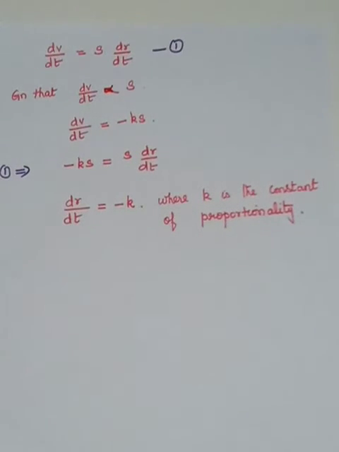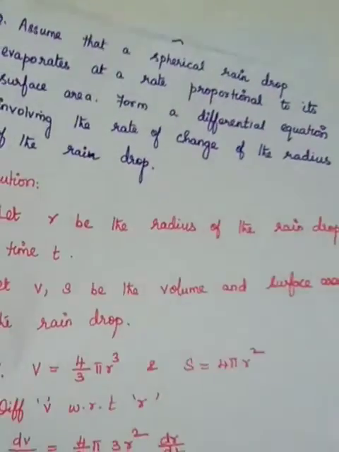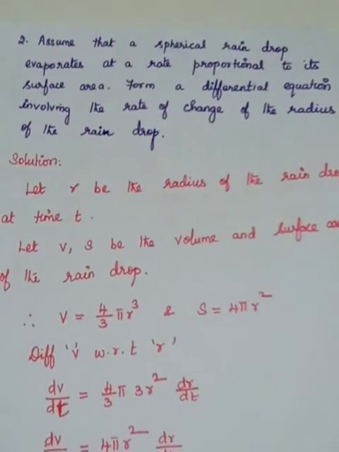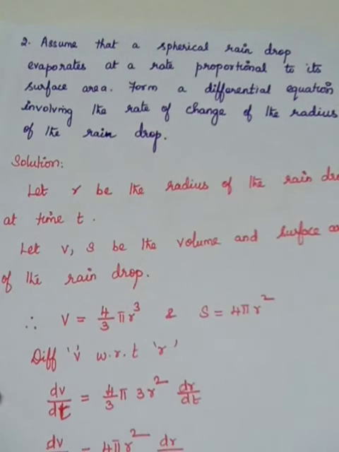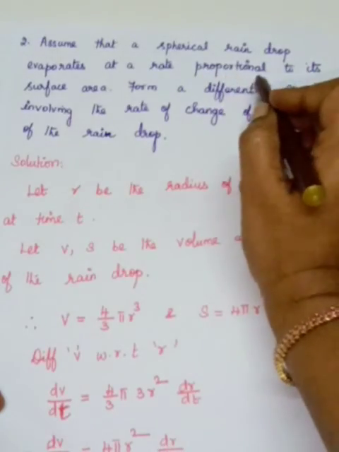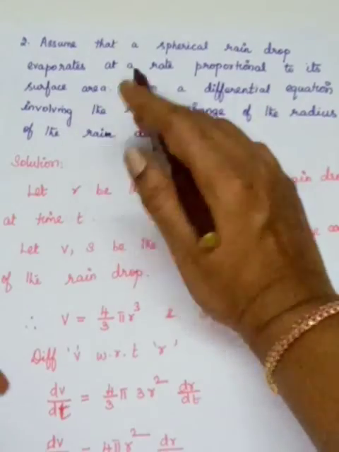And what is given, that you see the first sentence, what is given? Assume that a spherical raindrop evaporates. That means it is nothing but the volume at a rate, that is the rate of change of volume is proportional to its surface area.